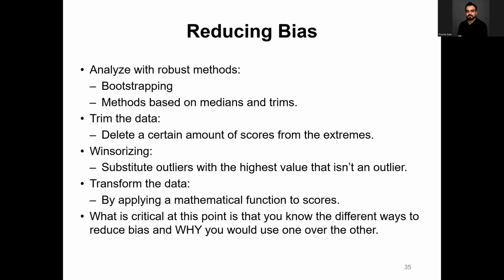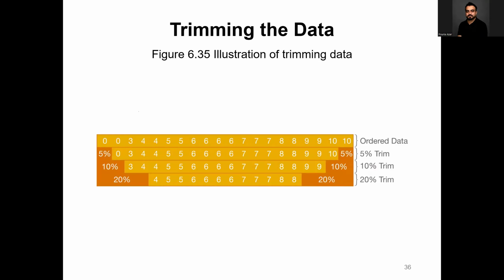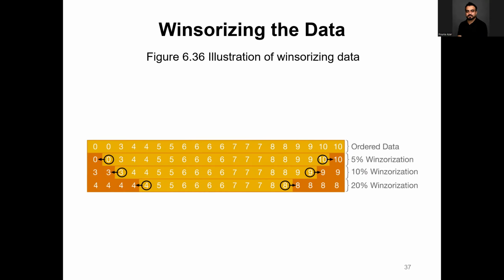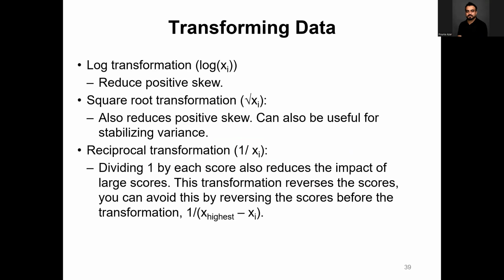We can trim our data. We can transform our data. Transformation is the most common way of correcting a data set. And among the transformation methods, the logarithm method is the most common one. So these are different methods of how to reduce the bias in the data set.